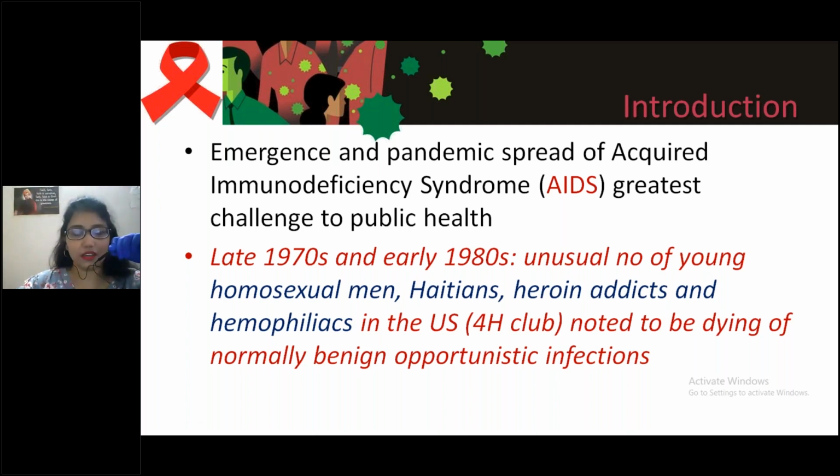And how it was known: in the late 1970s and early 1980s, an unusual number of homosexual men, Haitians, heroin addicts, and hemophiliacs, the 4H, you can see there are 4H, these 4H club in the US were noted to be dying of normally benign opportunistic infections like Pneumocystis carinii. At that time, this was only a very minor type of infection, but they seemed to be dying of that.